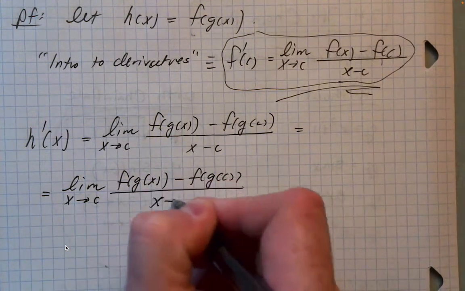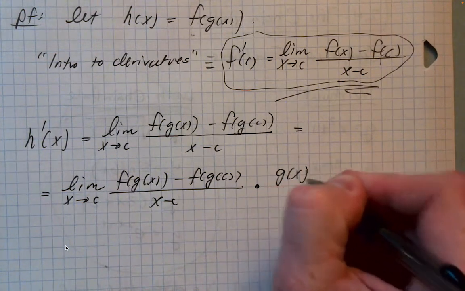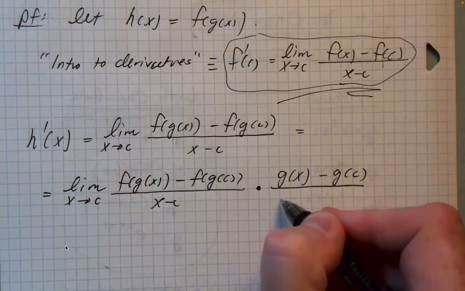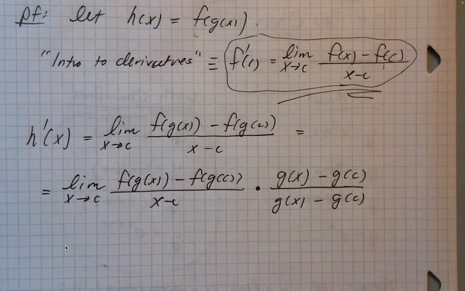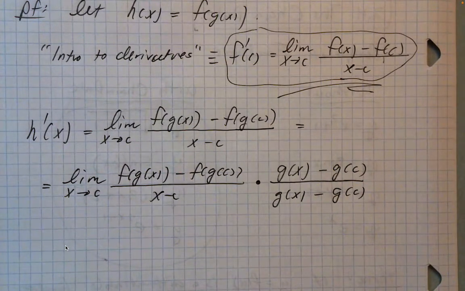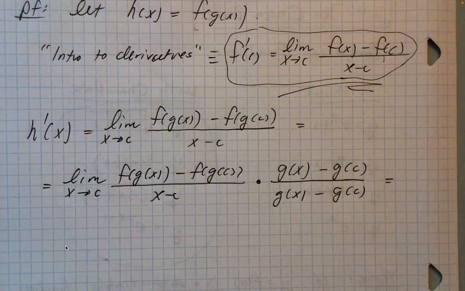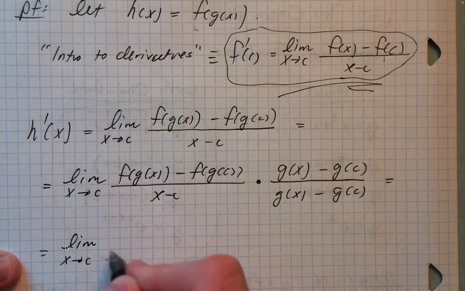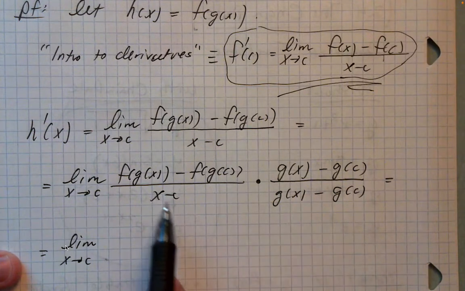Now what we're going to do is multiply the top and bottom by g of x minus g of c, right? Obviously we can do that without changing the value of the expression, since we multiply top and bottom by the same thing. And then we're just going to do a little rearrangement here. We'll leave this and swap the places of the denominators.